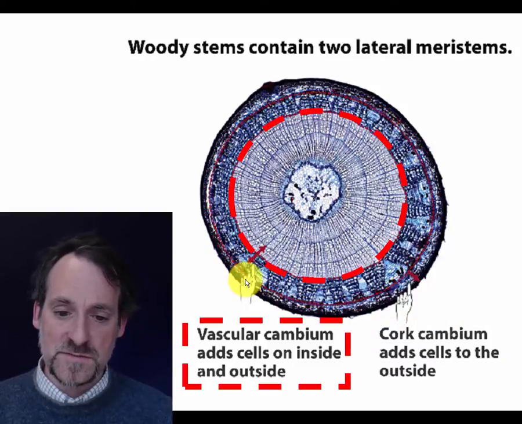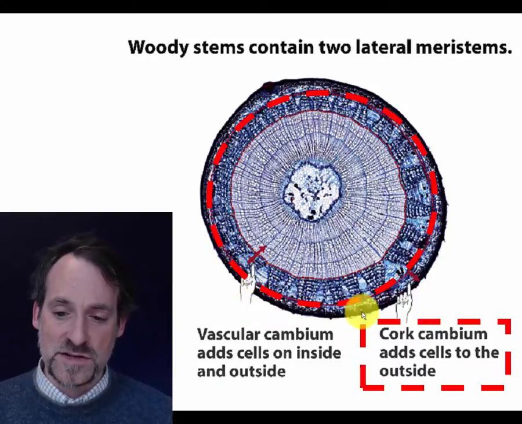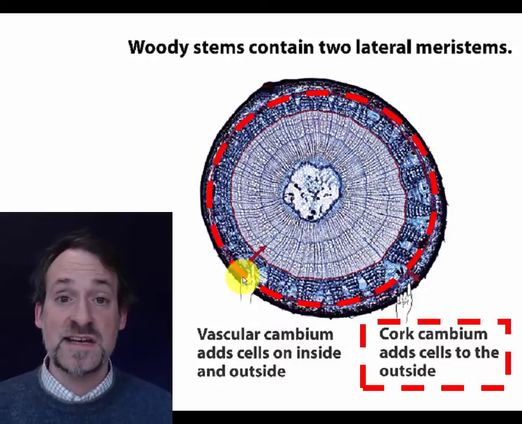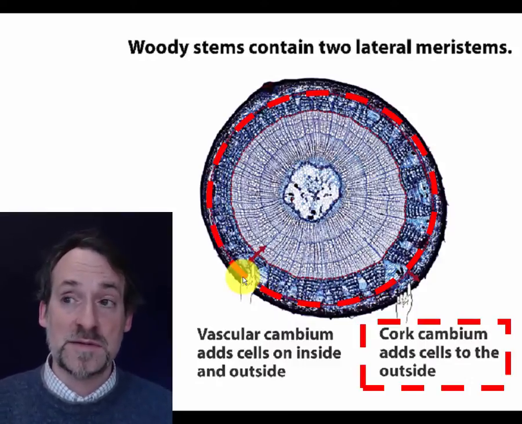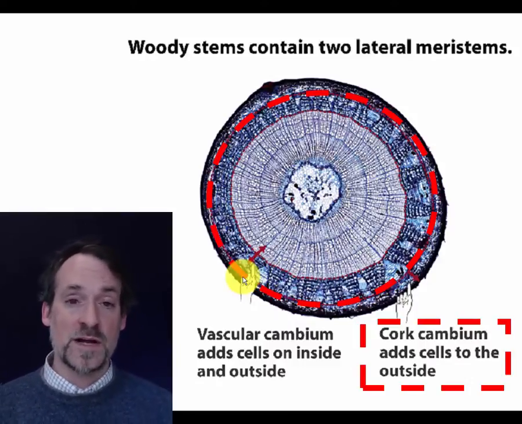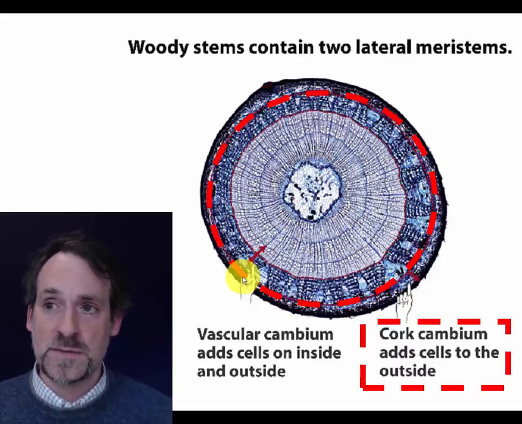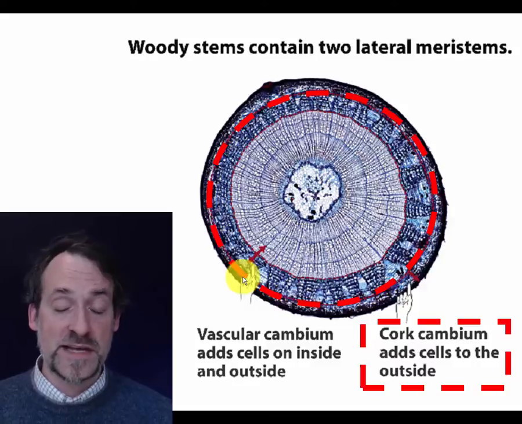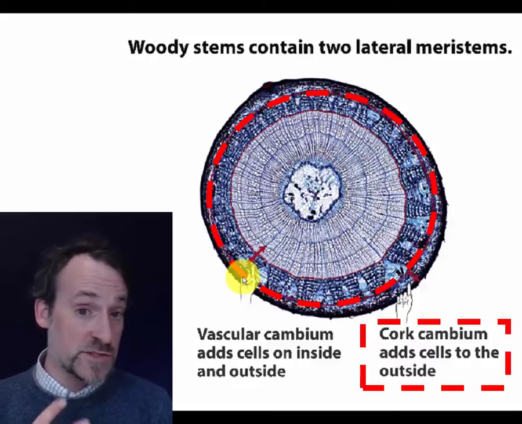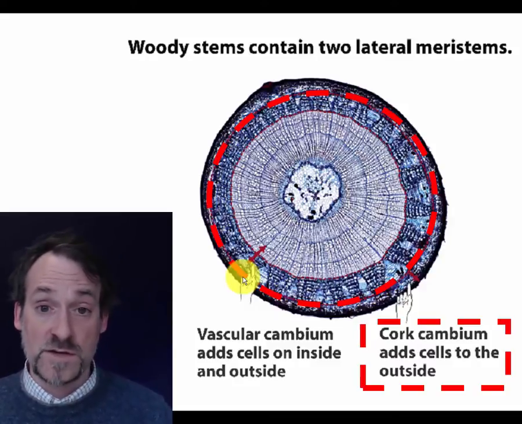As the cork cambium adds cells to the outside, they die, either lignifying or becoming permeated with some sort of waterproof material and forming an outer layer on the plant that's in some ways a little bit like your skin, which also consists of dead, sloughed off cells.